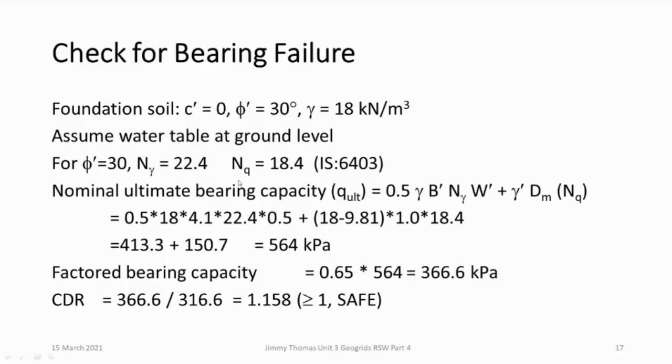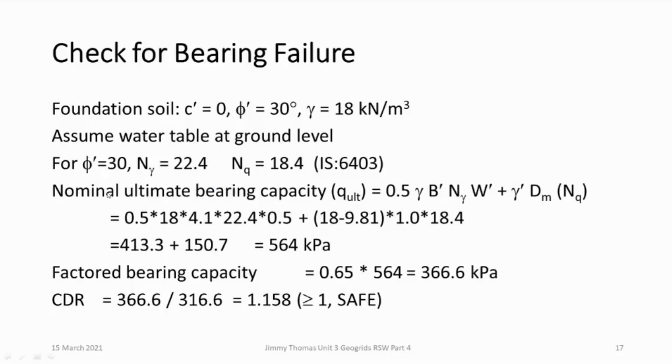Sometimes the critical condition is different. For sliding, less vertical load is more critical, but for bearing capacity, more vertical load is more critical. That is the basic philosophy of limit state design.